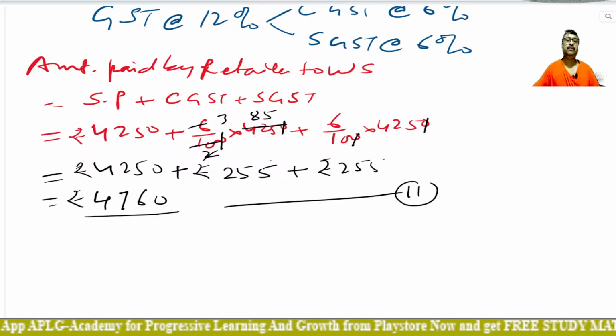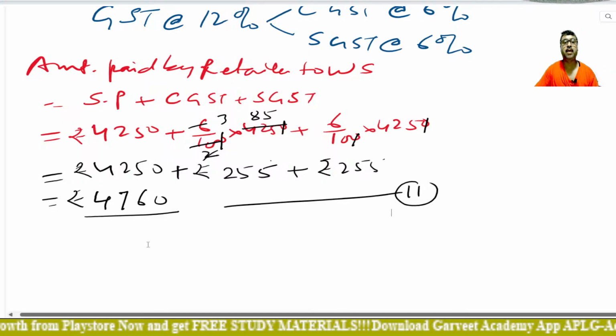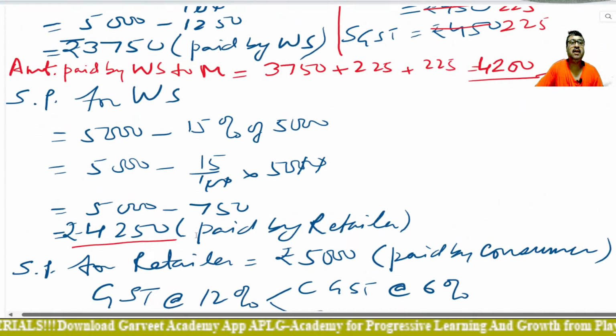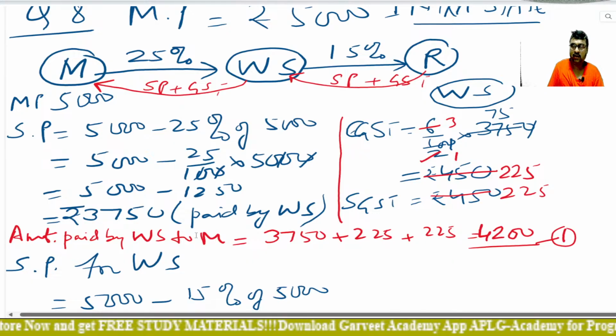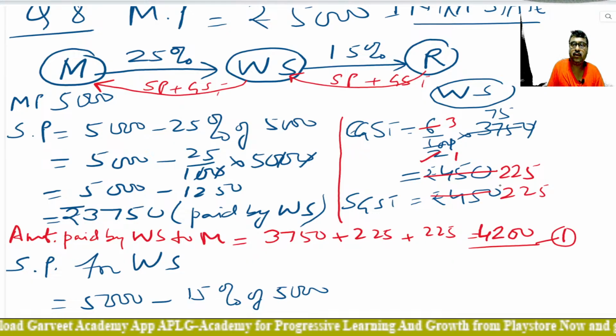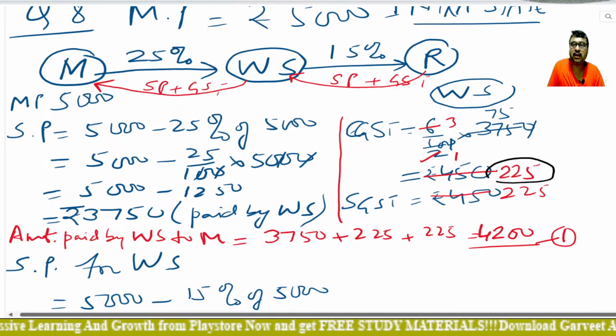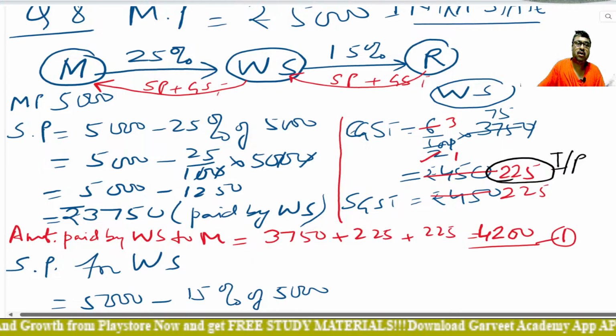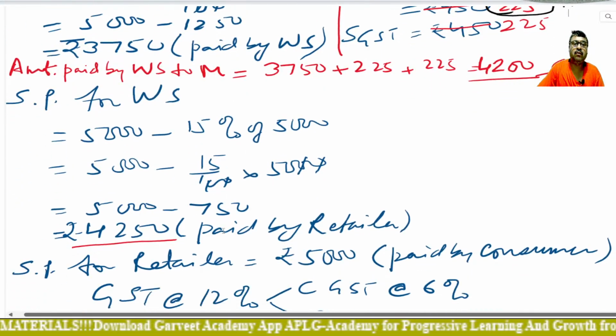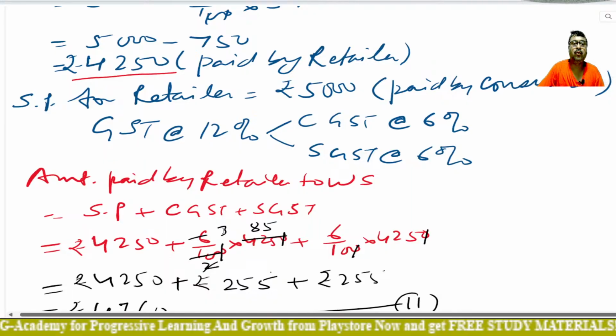Now see the input and output part. Wholesaler, when purchased from the manufacturer, his input was rupees 225. What he paid to the manufacturer was his input, and what he got from the retailer was his output. Right?